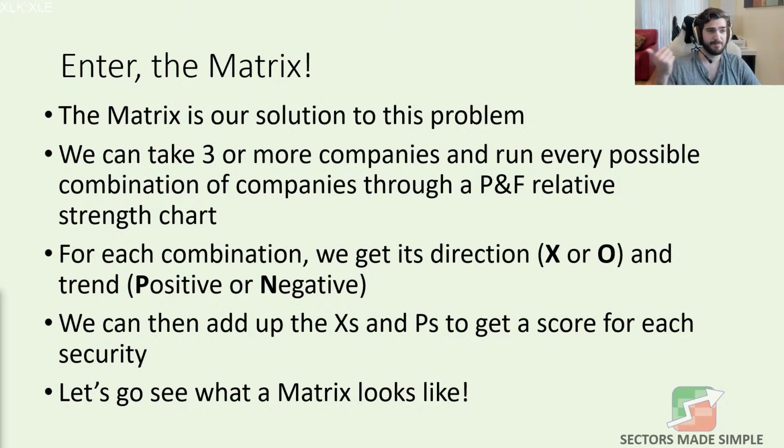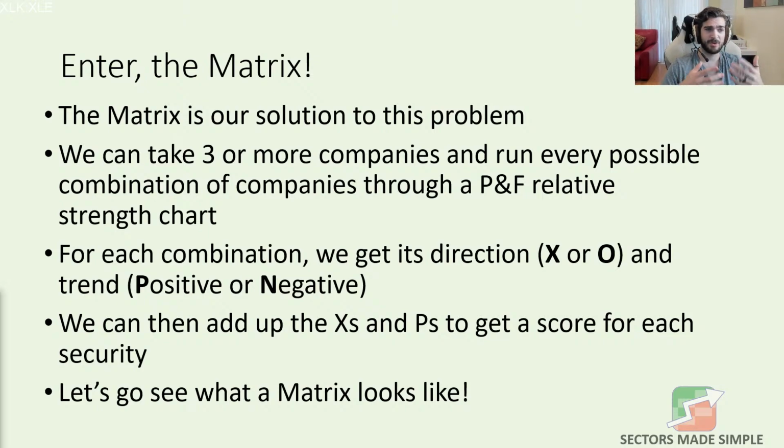So if we had SPY, technology, and staples, it would be SPY to technology, SPY to staples. Then it would be technology to SPY, technology to staples, because SPY to technology is not the same as technology to SPY. Might seem like it, but those charts can be different because ratios scale differently.